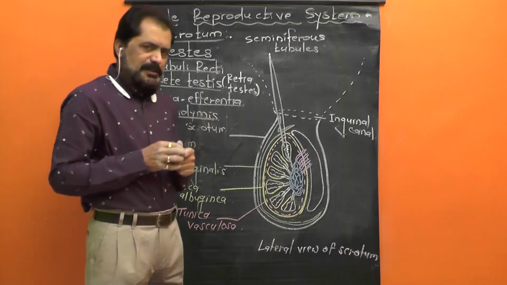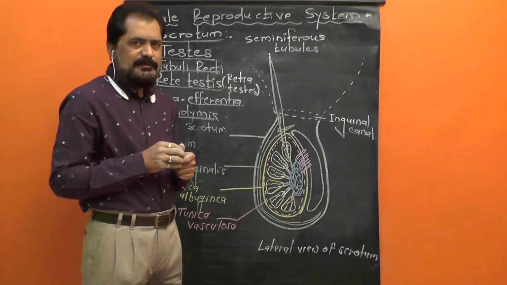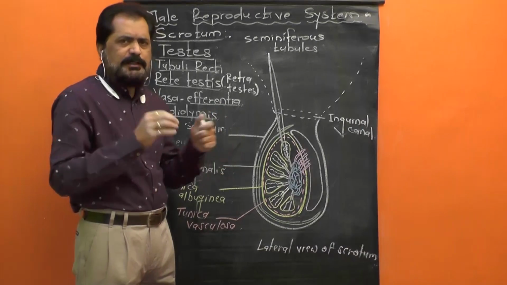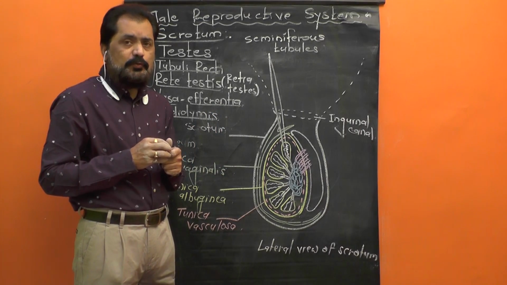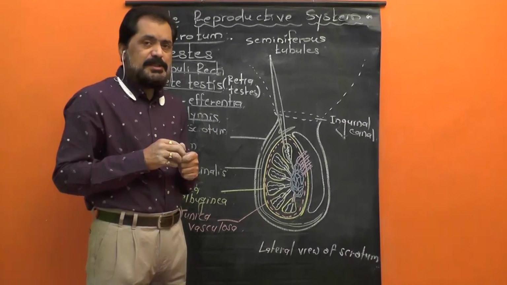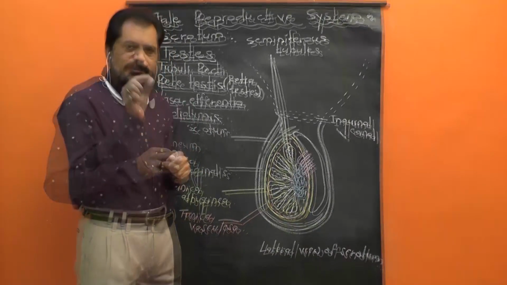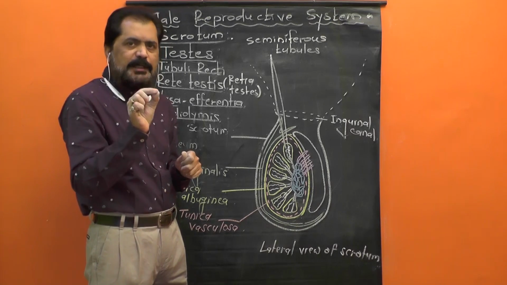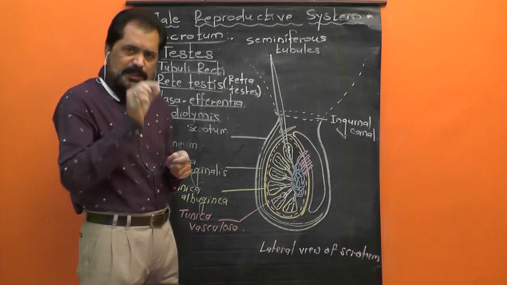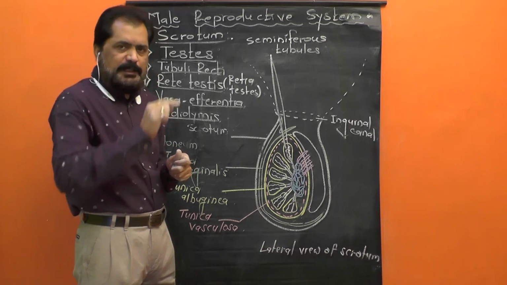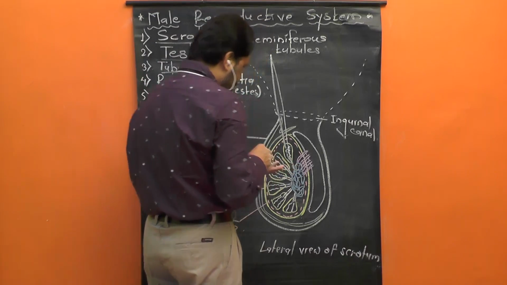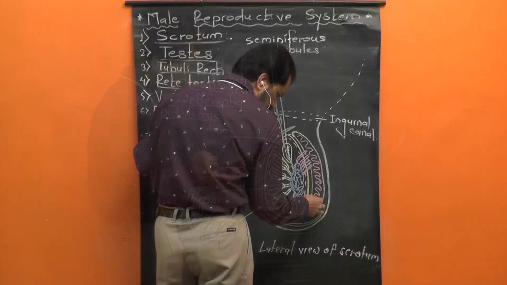The epididymis is actually a highly elongated and highly convoluted tube. The length of this epididymis is about 6 meters and thickness is nearly 0.4 mm, nearly half a millimeter. So it is a thin, elongated tube and it is highly convoluted. Here I am going to show that epididymis.